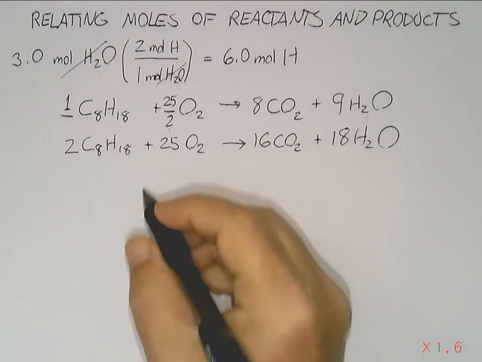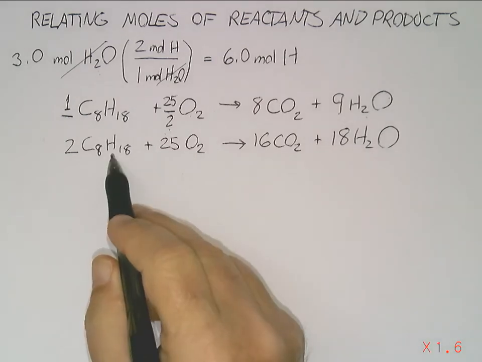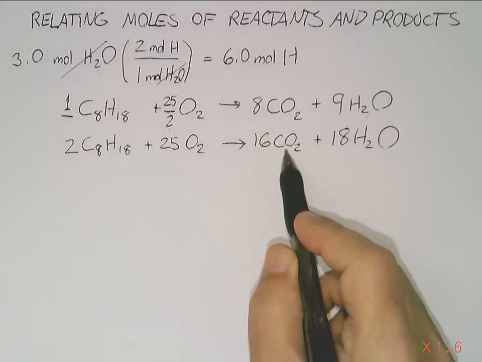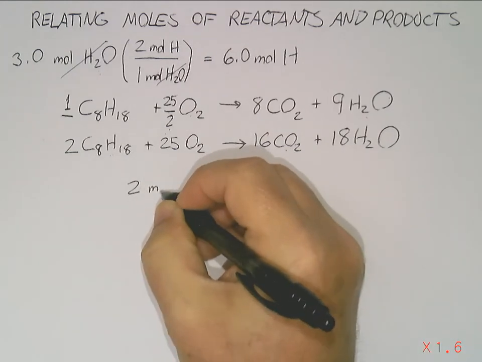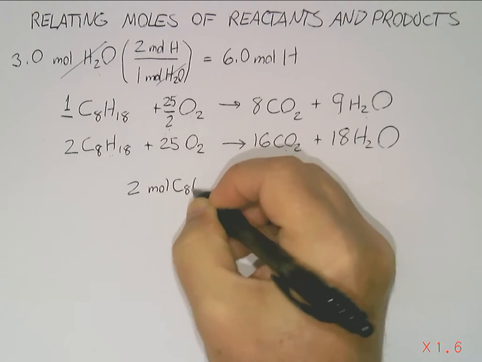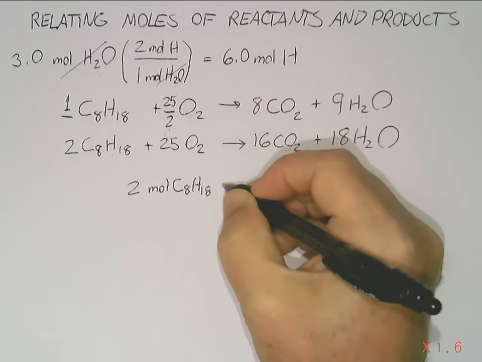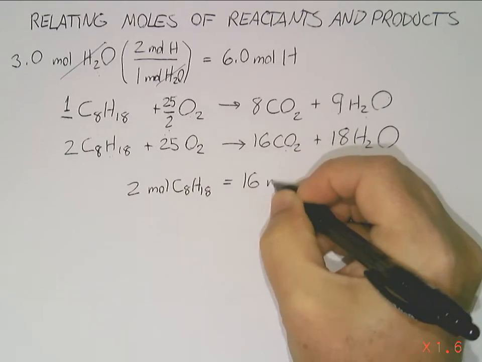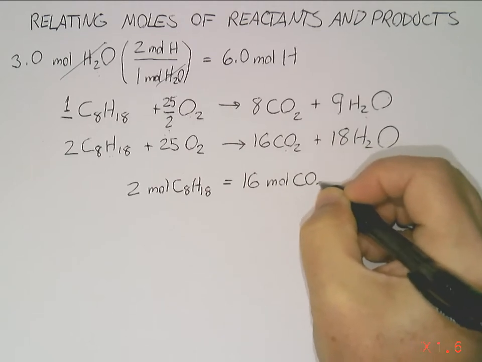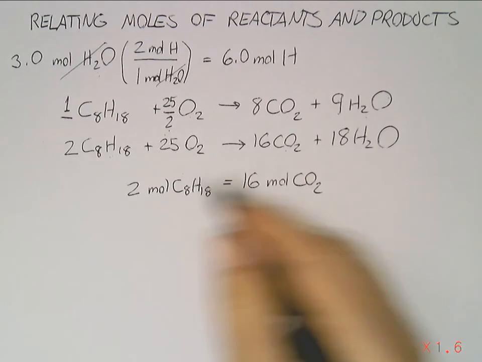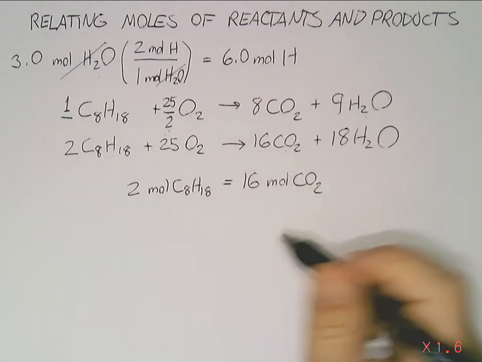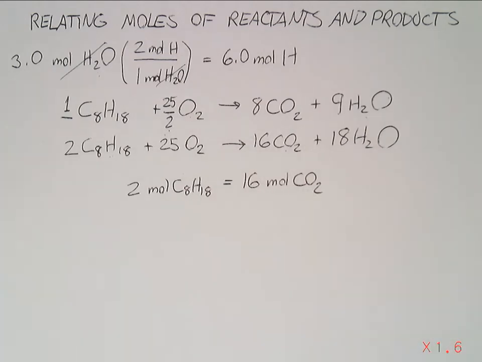You can say, suppose I wanted to figure out how much CO2 am I going to get when I burn some octane. This equation, this recipe, tells you that. So that's the mole-to-mole conversion factor that you would need to relate octane to CO2.